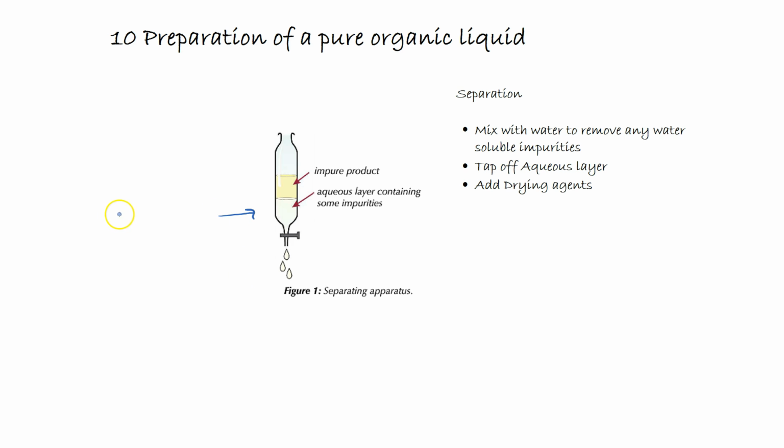The separating funnel is simply a device with a see-through neck and a tap at the bottom. The tap at the bottom allows us to tap off different layers of either organic or aqueous substance, and normally we would have the aqueous layer sitting underneath an organic layer on the top.